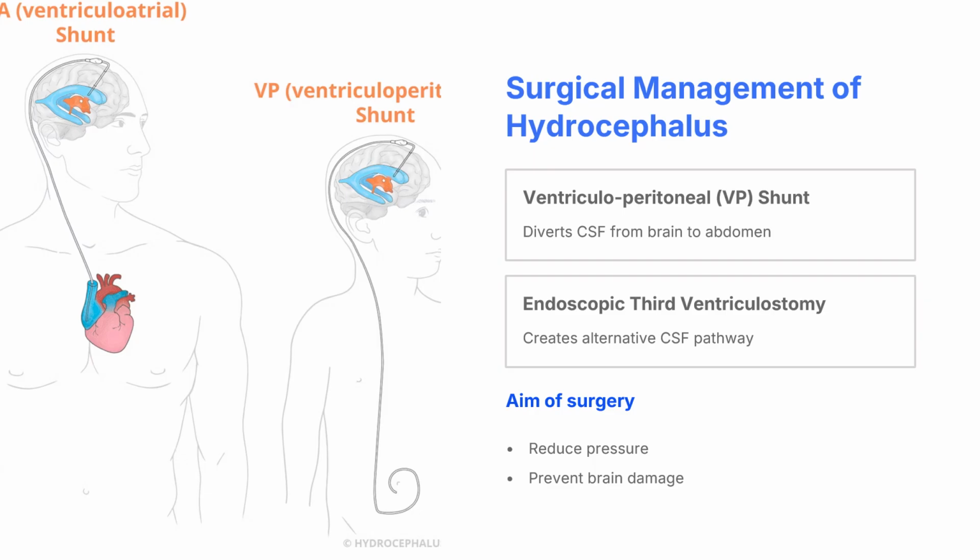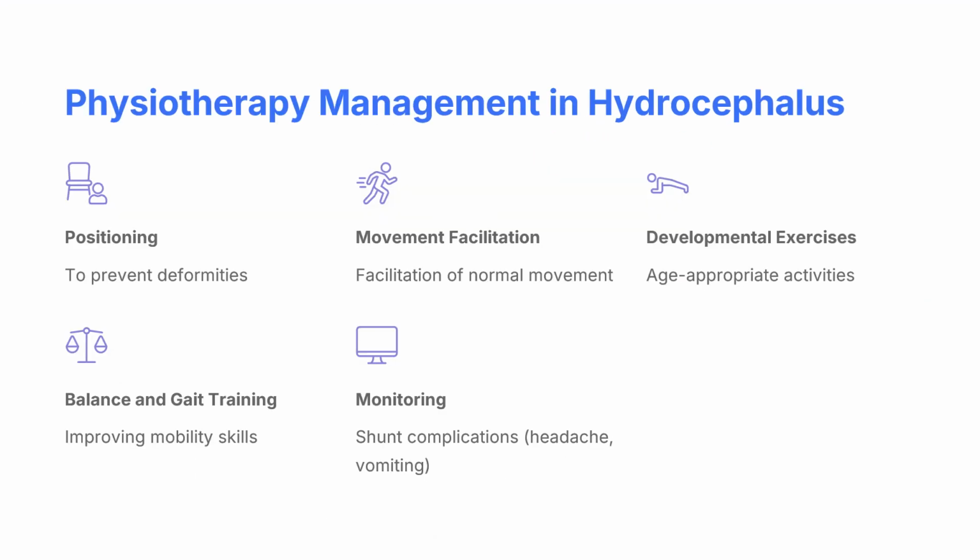So whatever complication is happening, not because of the procedure but due to the disorder like hydrocephalus, the physiotherapy management should be done to prevent or manage those complications. It focuses on positioning to prevent deformities, facilitating normal movement patterns, developmental exercises, and balance and gait training.